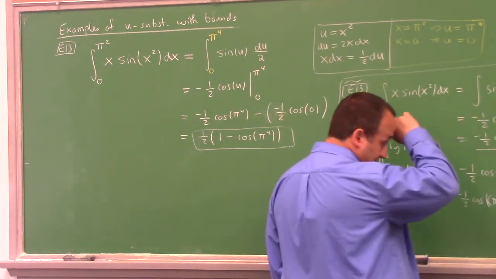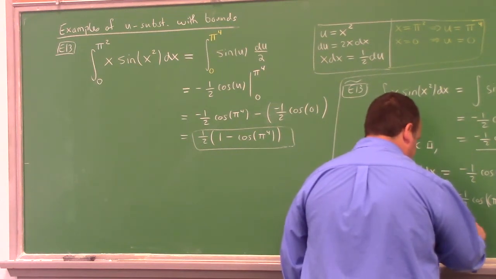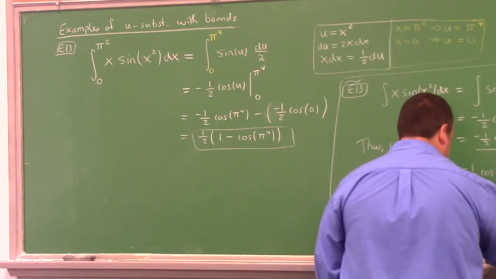That's 1/2, right? So we're back to, of course, 1/2 of 1 minus cosine of pi to the 4th.